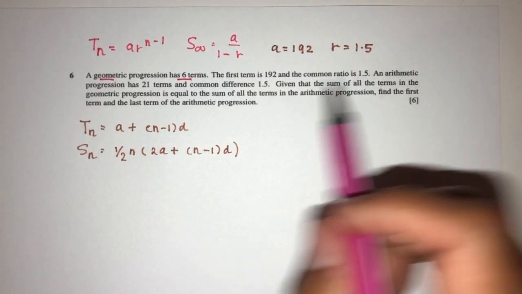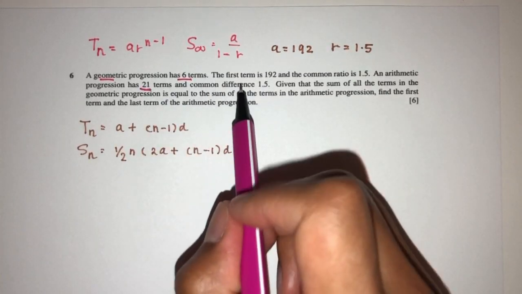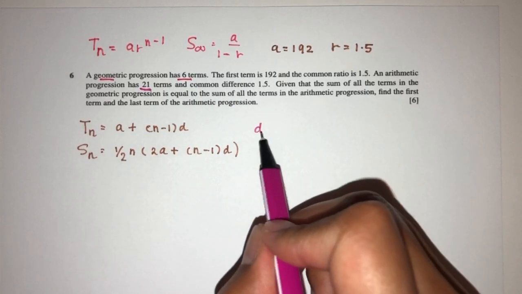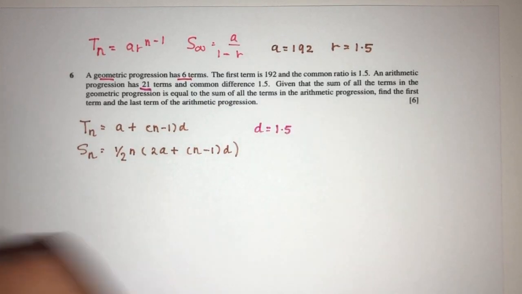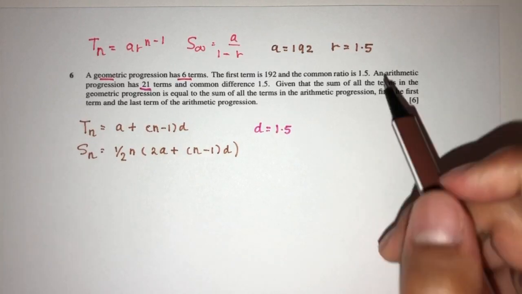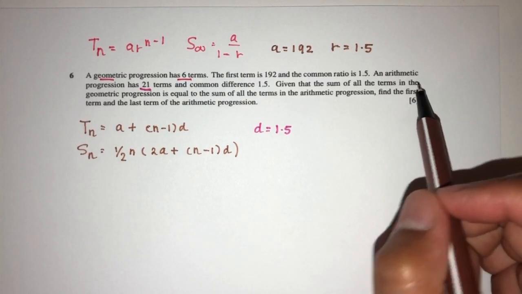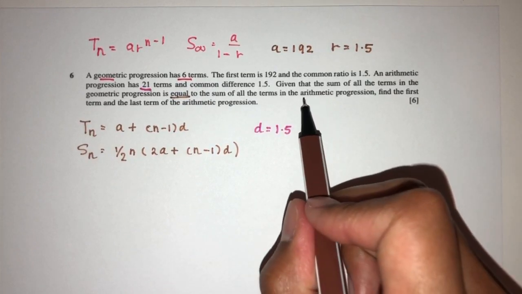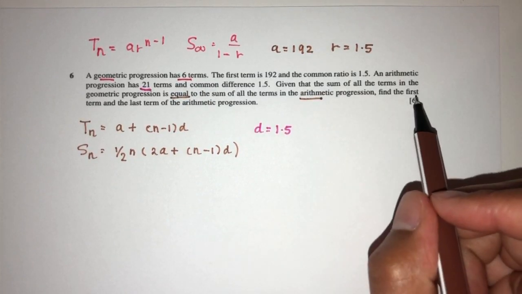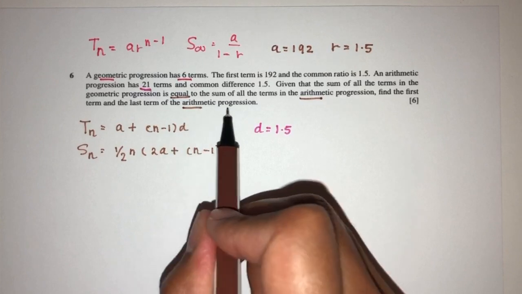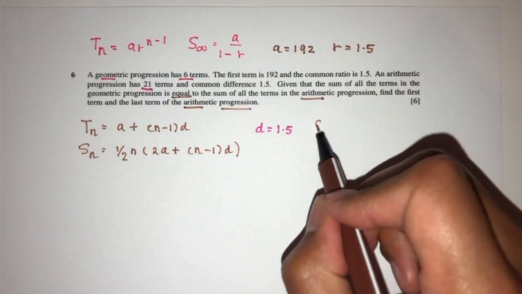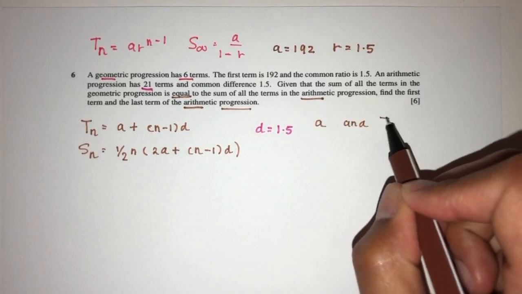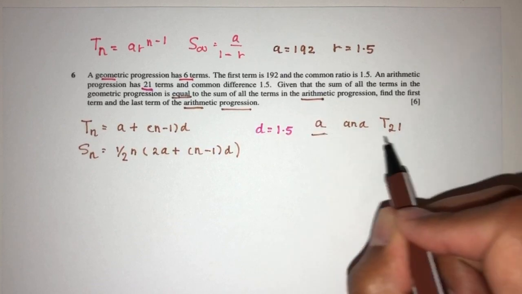So we have 21 terms, and the common difference d is going to be 1.5. Now given the sum of the terms in the geometric progression is equal to the sum of all the terms in the arithmetic progression, find the first and last term of the arithmetic progression. So we have to find a and the last term, which is the 21st term of the arithmetic progression.